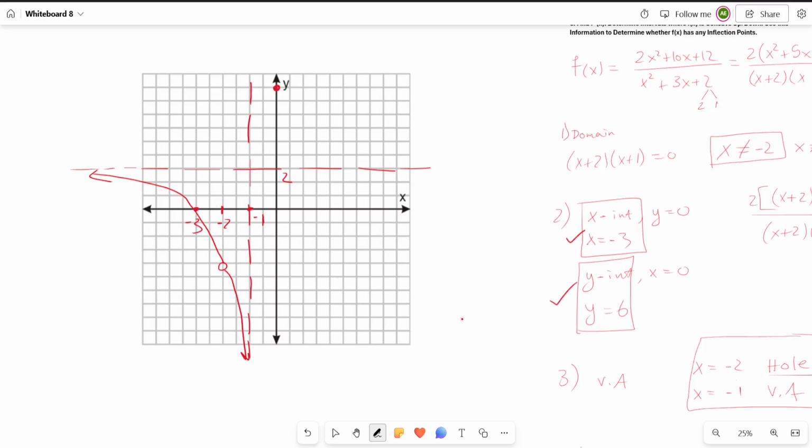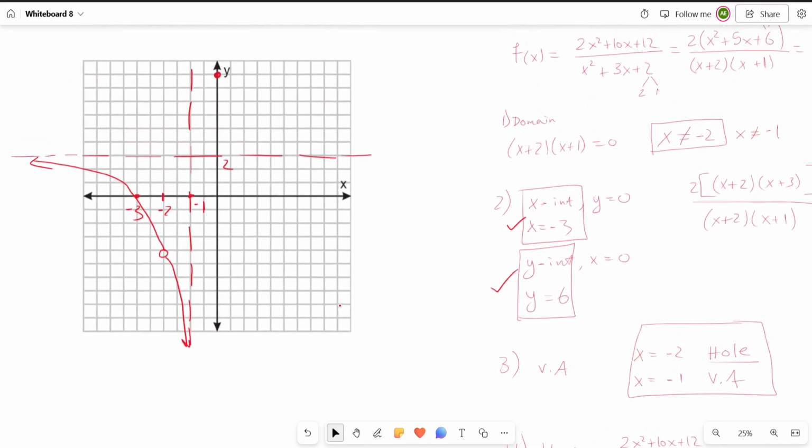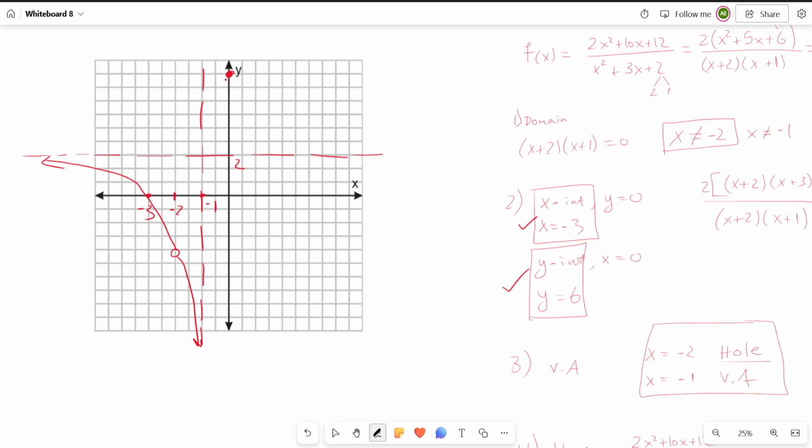Okay, and then the right part, again, we have our y-intercept over here. That even tells me that my function is going to look something like this. And also my first derivative says that in this area, my function is decreasing, so 100% it should look something like this. So this is a decreasing graph.